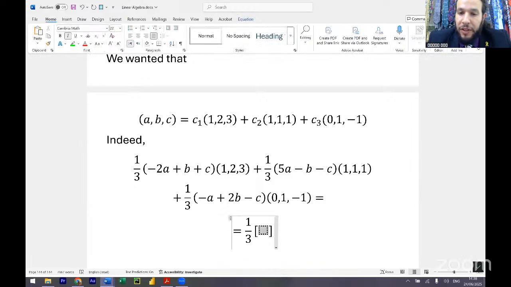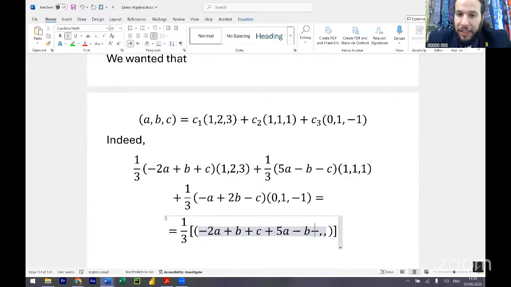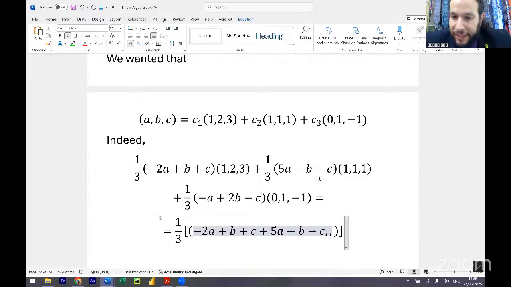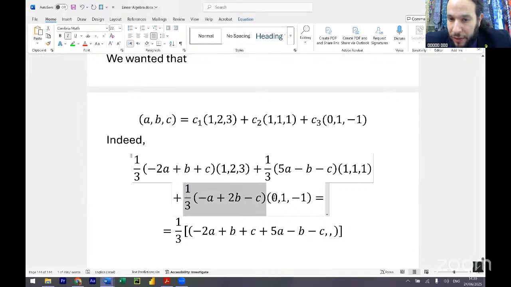We are left with, on the left coordinate, minus 2a plus b plus c plus 5a minus b minus c. And that's it. Why? Because this is 0. So on the left coordinate, when you multiply this by 0, you get 0. Only the first two coordinates did something here. What is the sum of everything here?